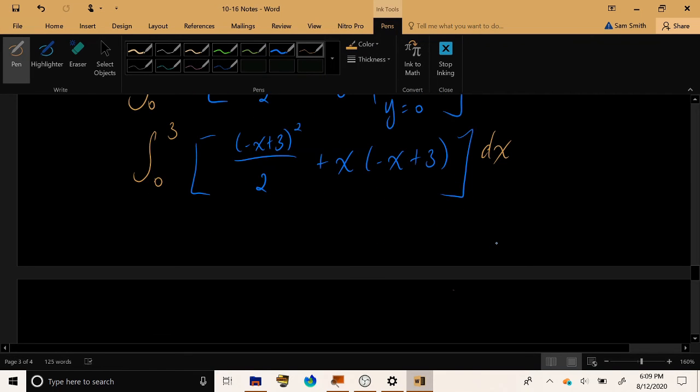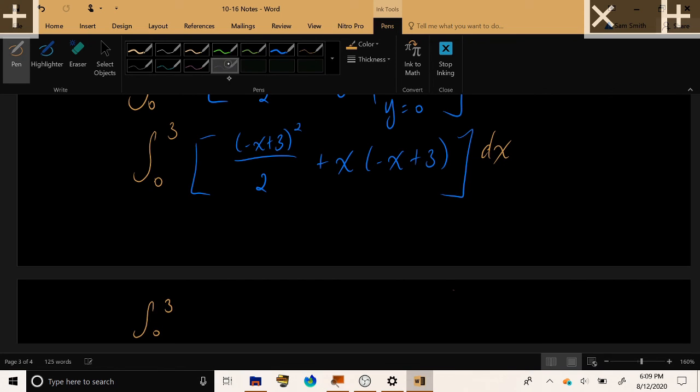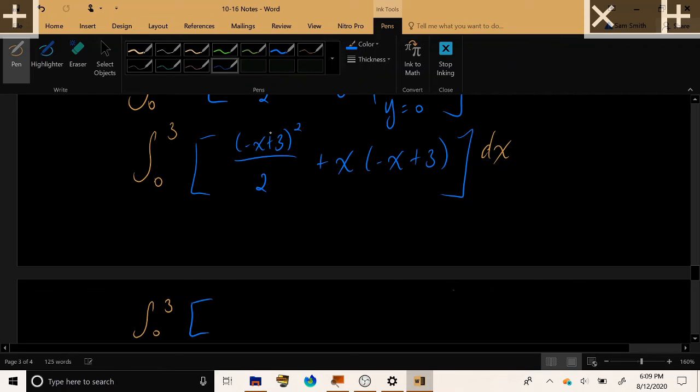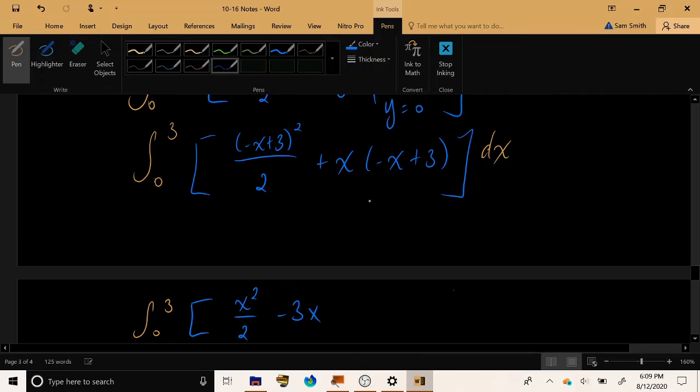Now let's do a little bit of simplification before we carry on with the next iteration, the outermost integral. We have the integral from 0 to 3. And let's find this square. So we have negative x squared over 2, we have negative x times 3 times 2 over 2, we have 3 squared over 2.